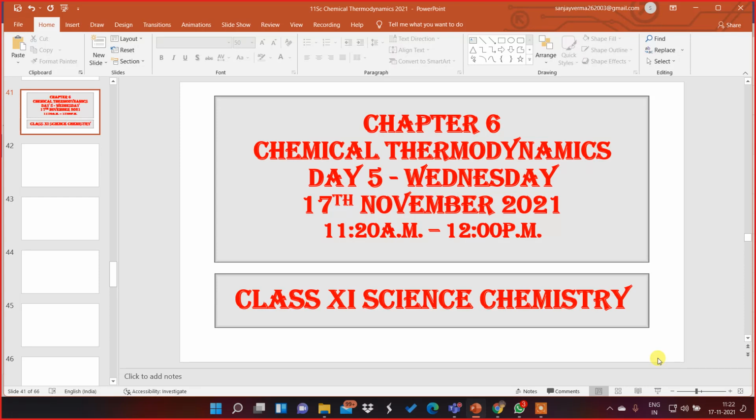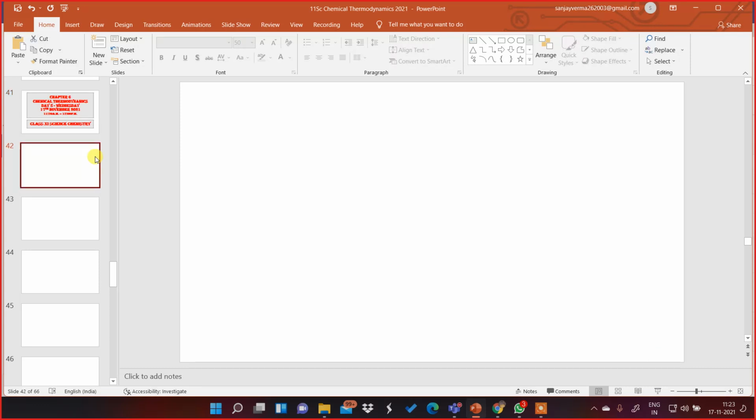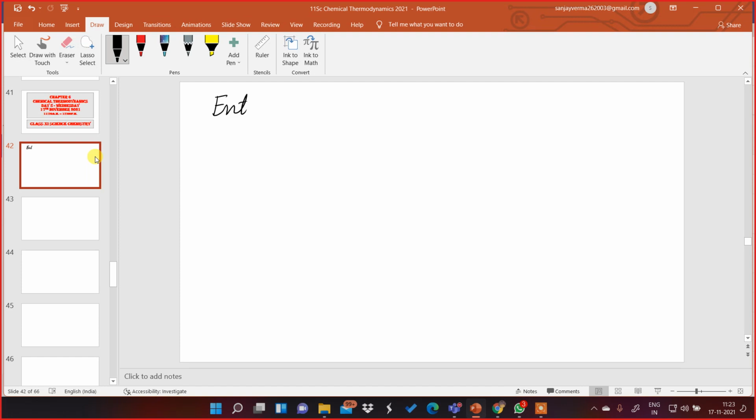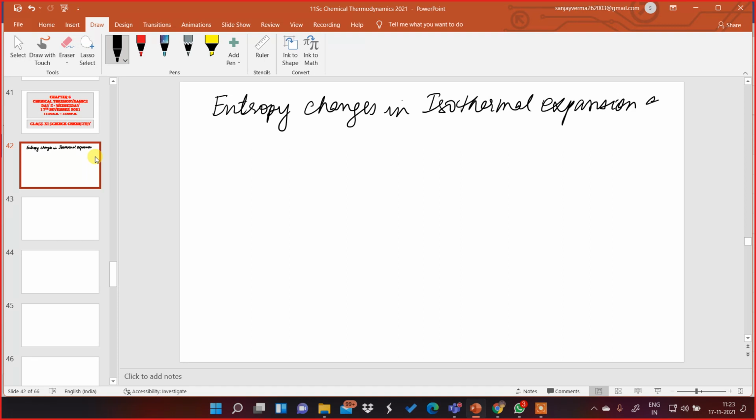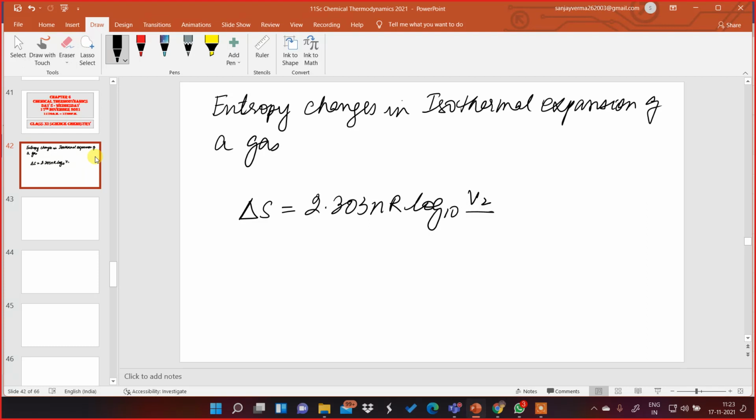In yesterday's class, I talked about entropy changes in isothermal expansion of a gas, where I told you to remember this formula: delta S is equal to 2.303 nR log to the base 10 V2 by V1.